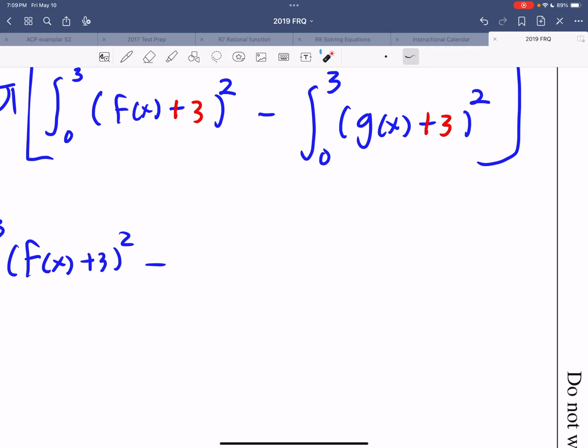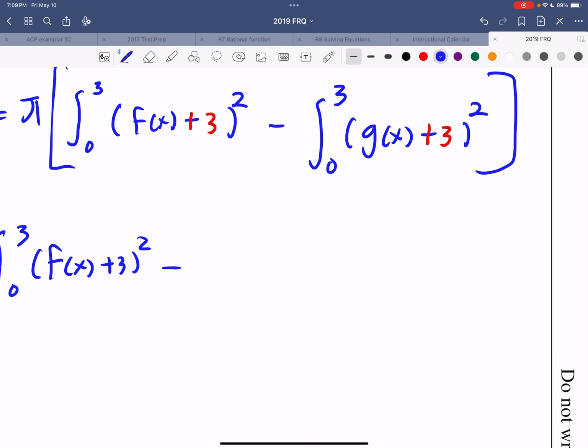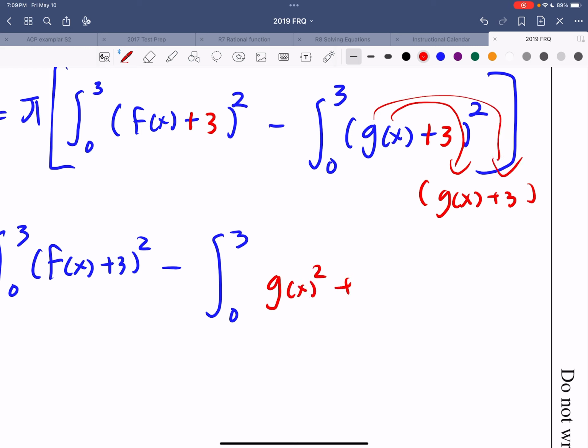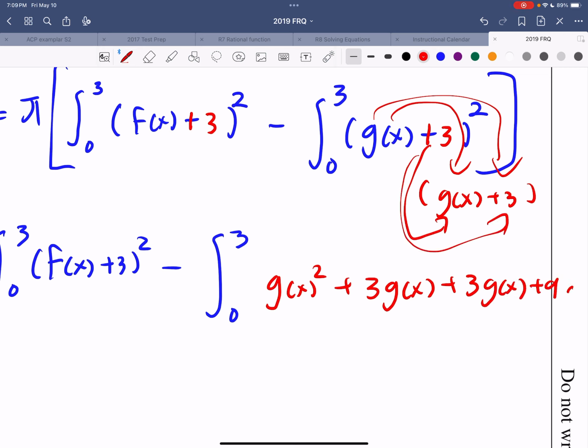So let's do this. Minus the integral from 0 to 3. Imagine you have another g of x plus 3 here because it has a square. So g times g is going to be g of x squared, plus 3g of x, and 3 times g of x is another 3g of x, and 3 times 3 is plus 9 dx.